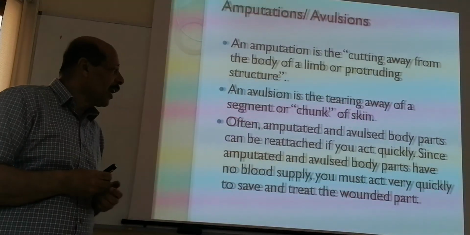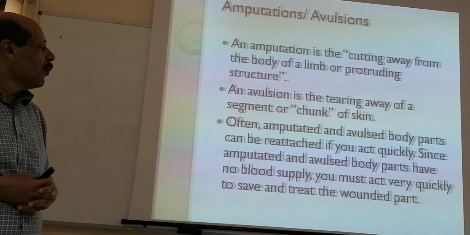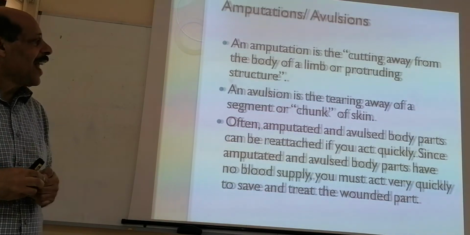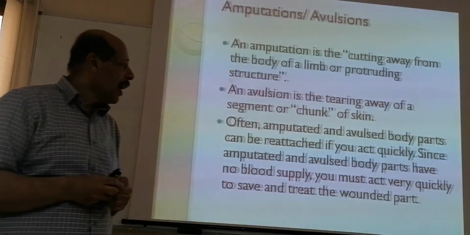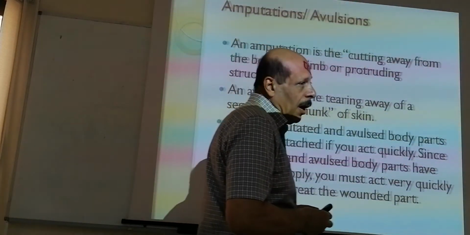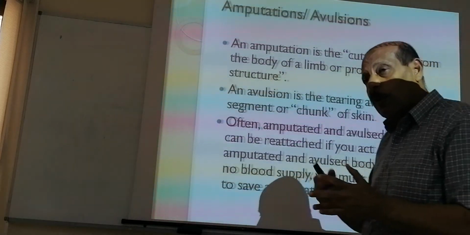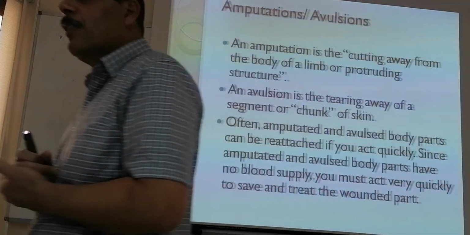Since amputated and avulsed body parts have no blood supply, you must act very quickly to save and treat the wounded part. If the body part is outside, there is no blood supply, and the tissues need oxygen and nutrition in order to survive.